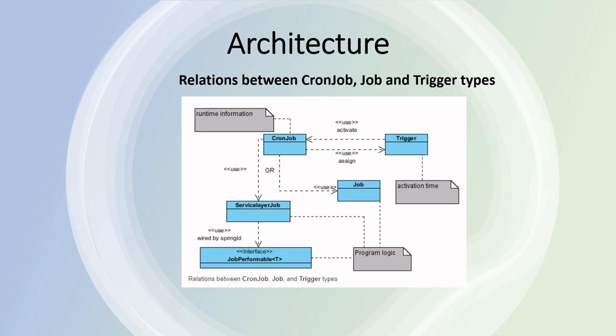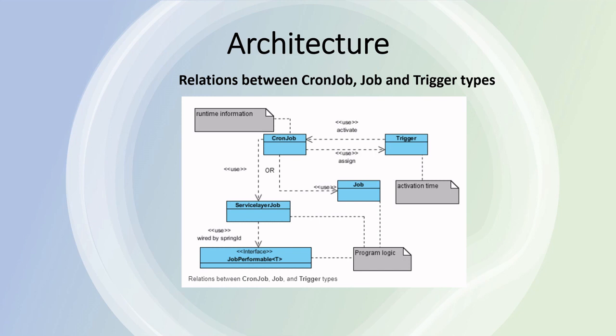Now let us see what a job and a job performable are. A job instance represents one kind of execution logic in the system, and each cron job should reference one instance of it.